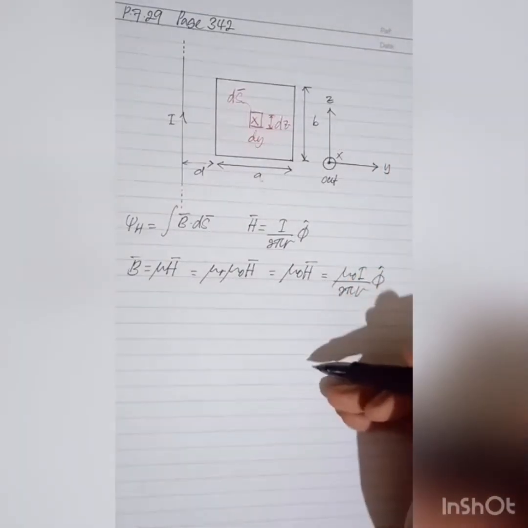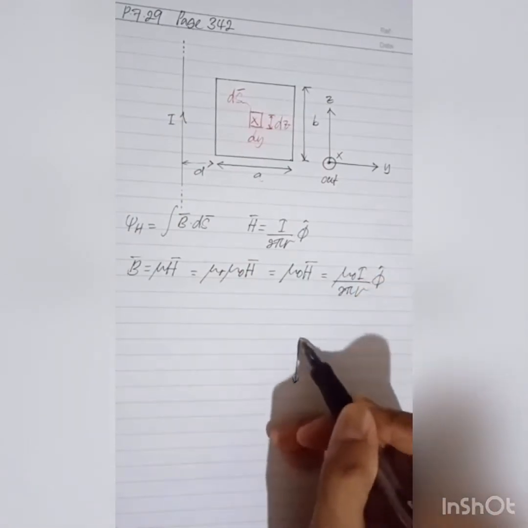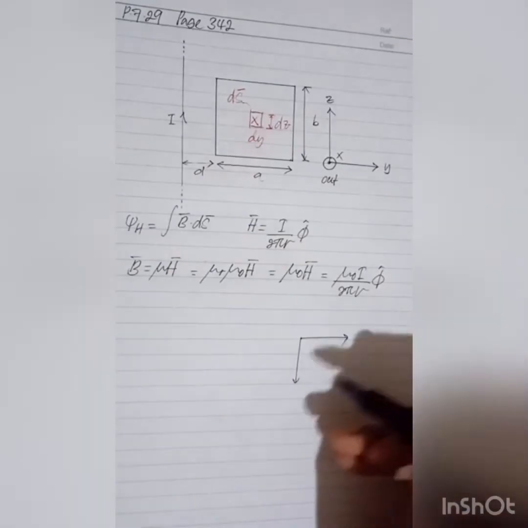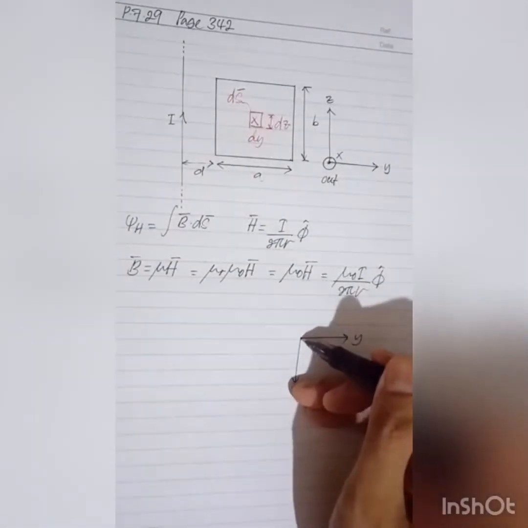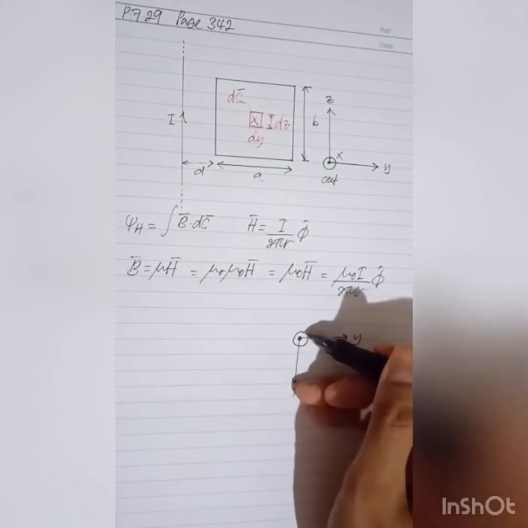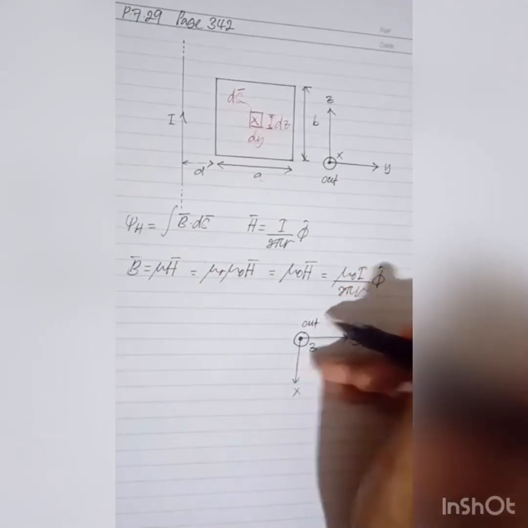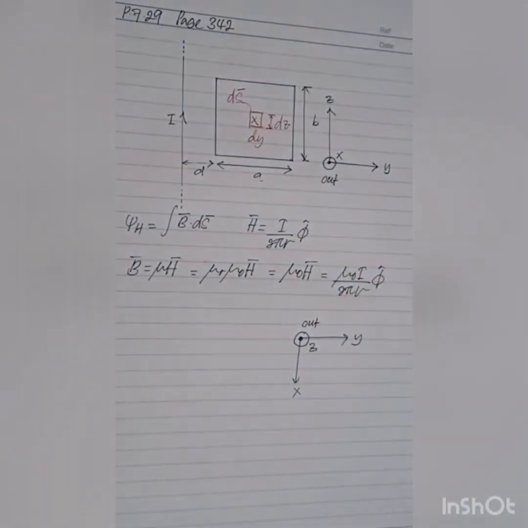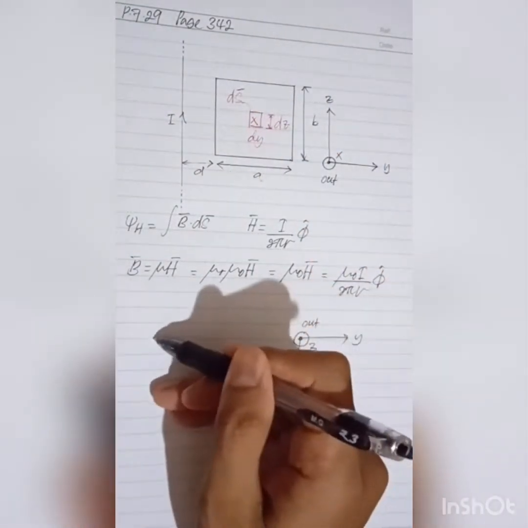Let's say this is my X and this is Y. The Z is pointing up, out of the page, so Z will look like a dot. If you look from the top view, you will see that this line current will look like a dot again.